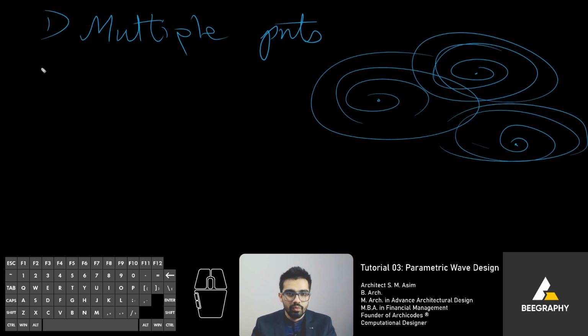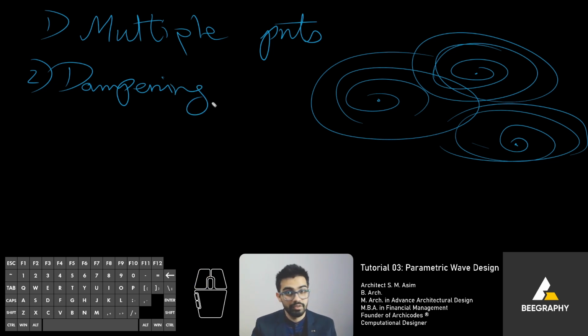Second, we are looking at dampening. This concept can also be used in any other scripts, just like multiple attractor points is something you can use in other scripts. I'm going to explain this concept, where it's pretty straightforward.